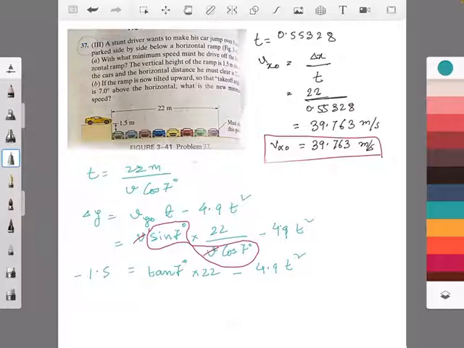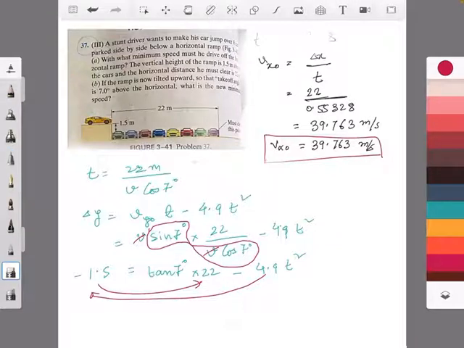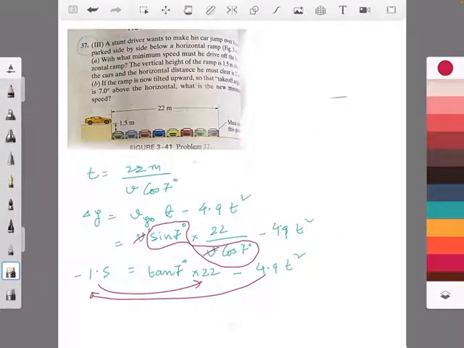So again, it's the calculator thing. We will take this to the right hand side, bring this to the left hand side. There will be a change of sign. So let's delete this part as well to make some more room.